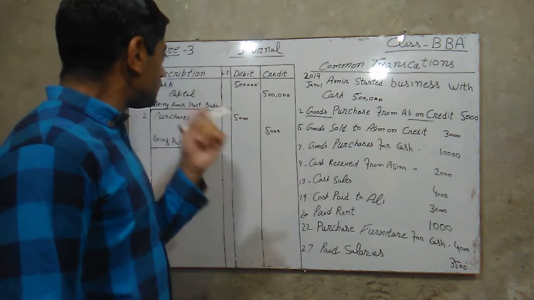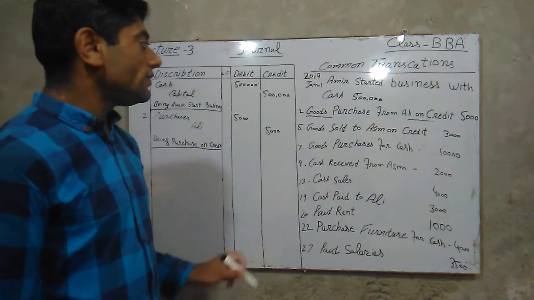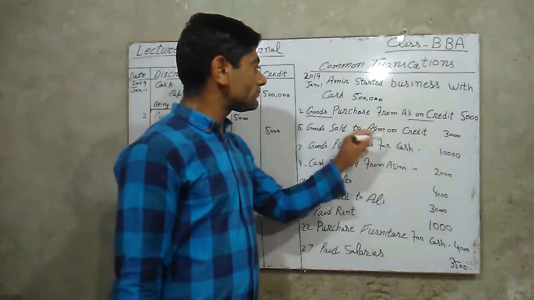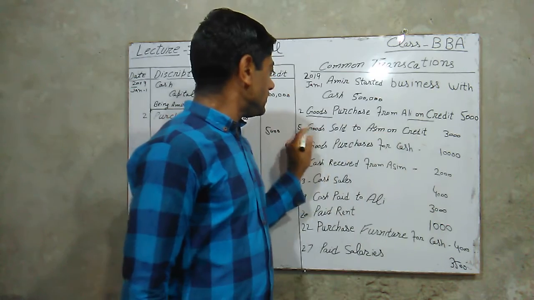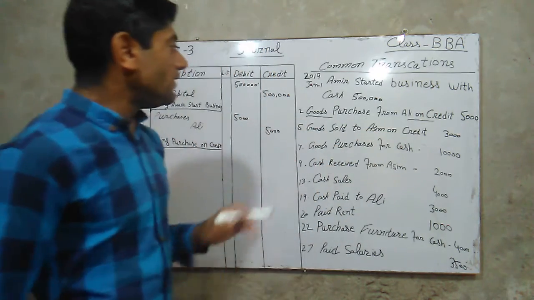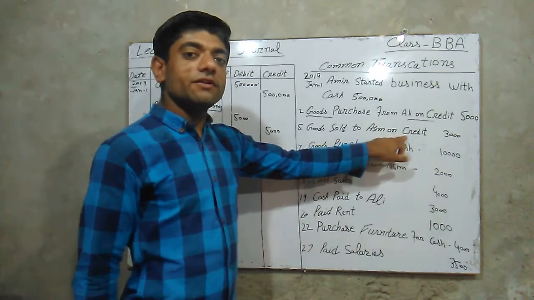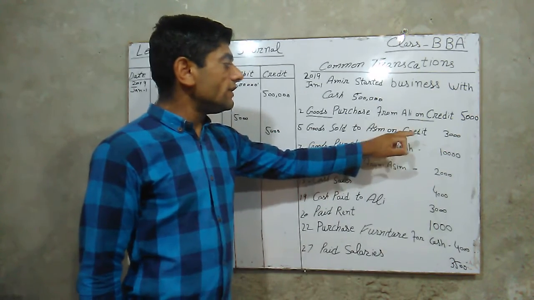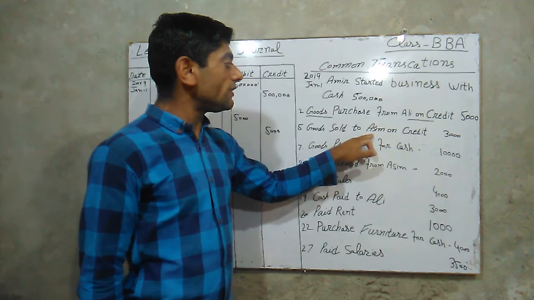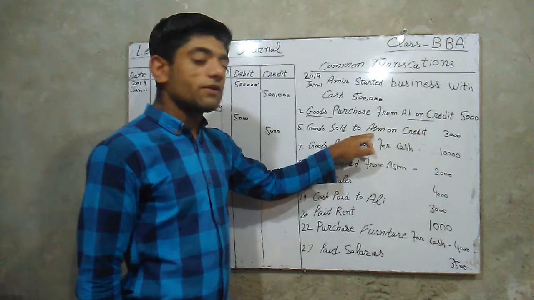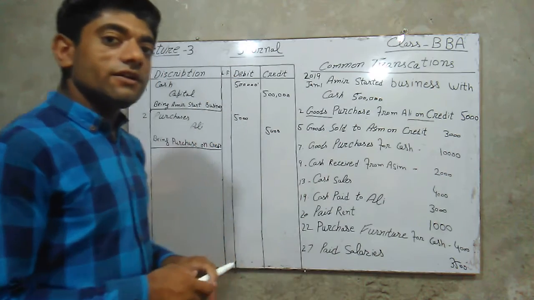So next transaction, goods sold on credit, means sales on credit. On credit means not cash. Sold goods to Asim. When goods are sold and cash is not received, Asim is our asset, and sale is our income.